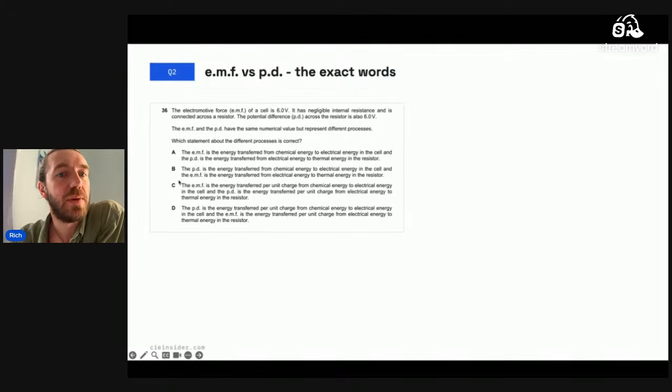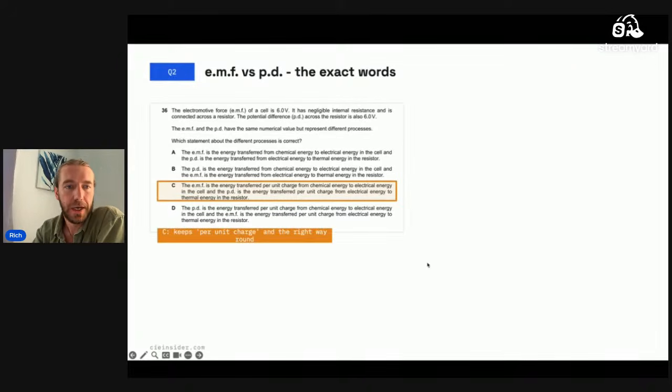So if we then look, okay, we've eliminated B and D, then if we look at which one of these it must be, it's the one that has per unit charge in that definition. Okay, so C keeps per unit charge, and it's the right way around, if I can speak.